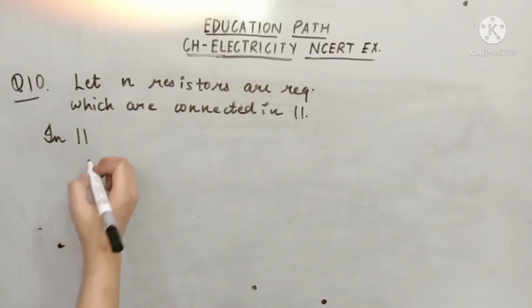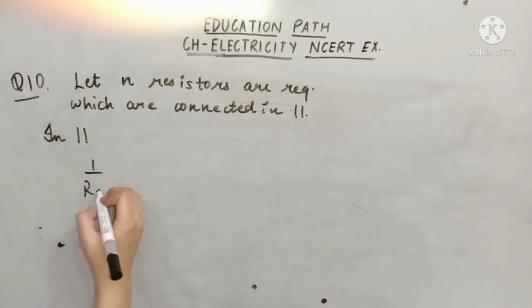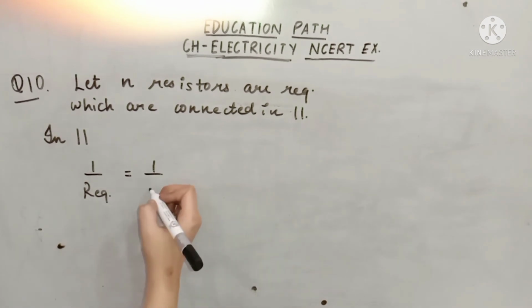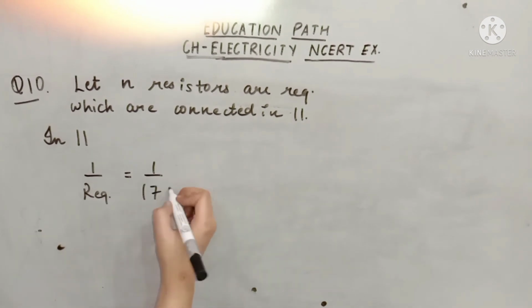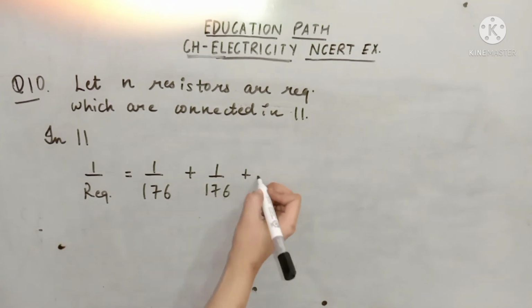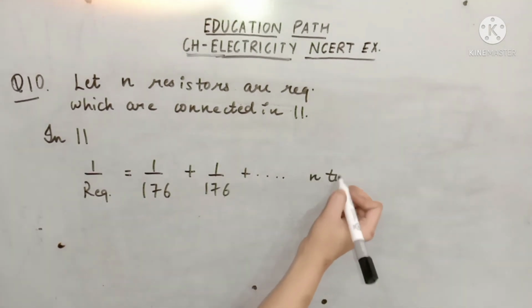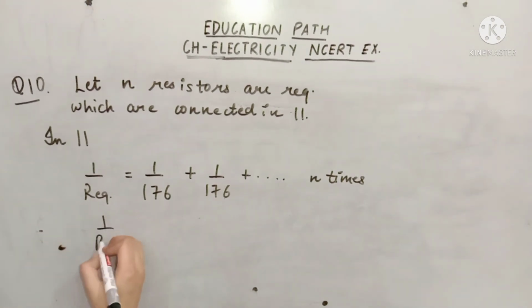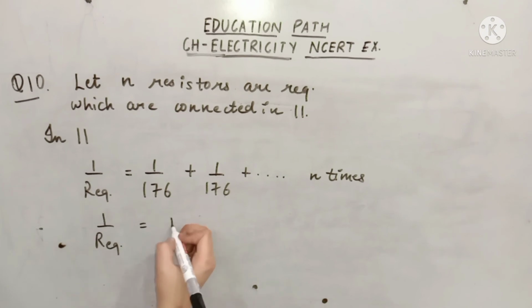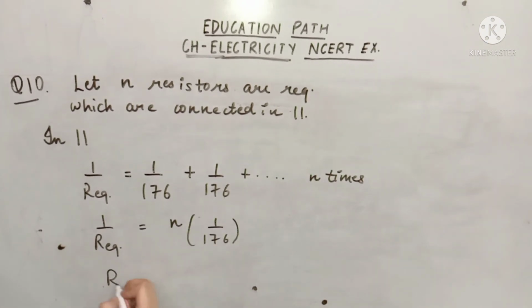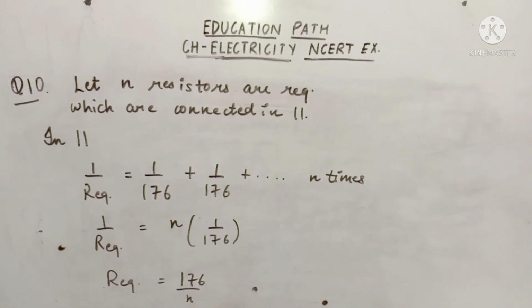In parallel, 1 upon R equivalent is 1 upon R1 plus 1 upon R2 and so on. So 1 upon 176 plus 1 upon 176, these are n times since we have taken n resistors. N times of 1 upon 176. So R equivalent is 176 upon n.